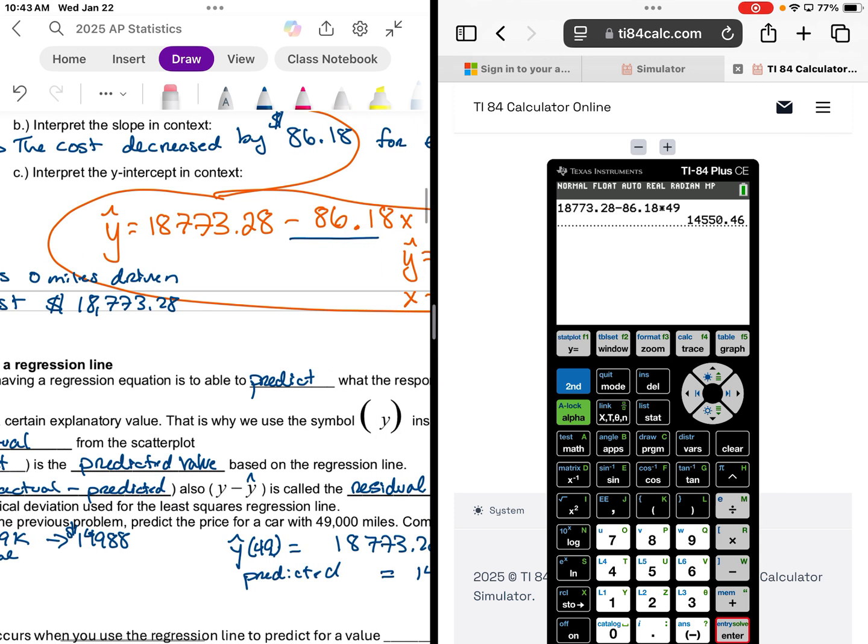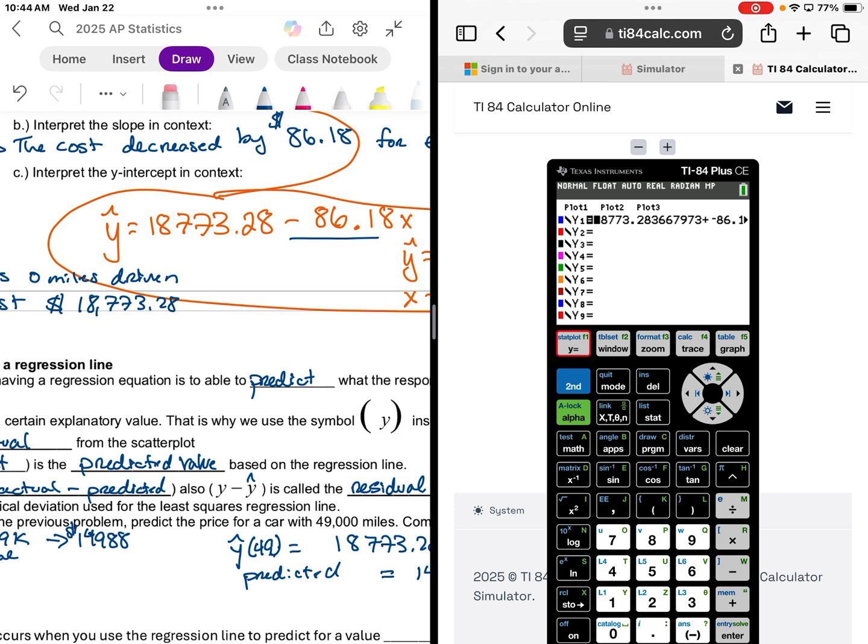Now there's another way, and this is what's helpful about using the store the equation into Y1. Because if we press Y equals, we'll notice it put an equation in for Y1. Now, it used a lot more decimals, which means if we use that equation with the 49, it's going to be a little bit different than what we have already because it went out more decimal places. It went out more accurate. Okay?